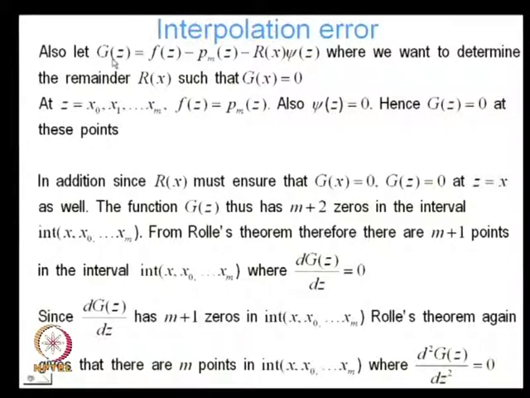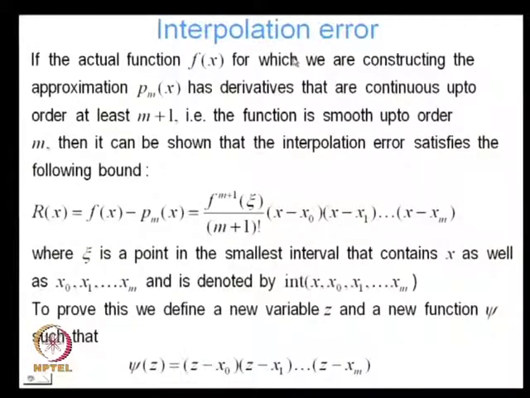When g of x is equal to 0, what does that mean? That means f of x minus Pm of x is given by R of x times psi of x. So I want to find out R of x, and psi of x I have already seen is of this form.